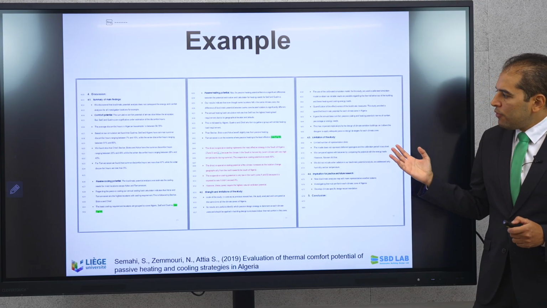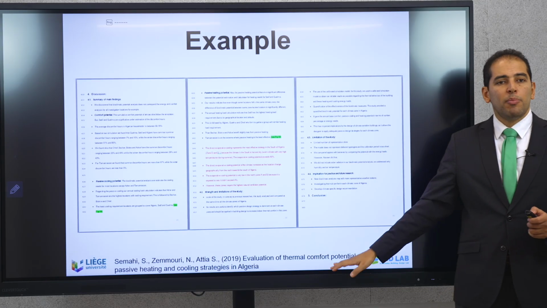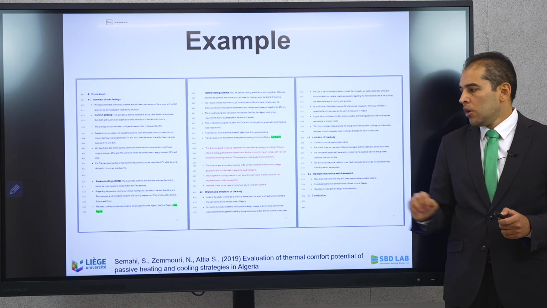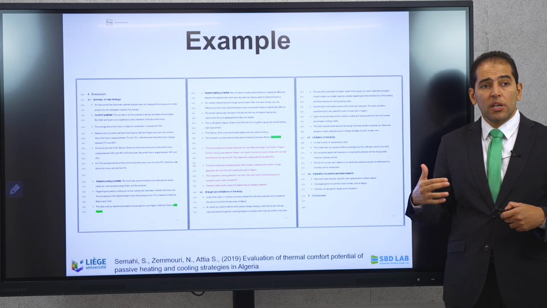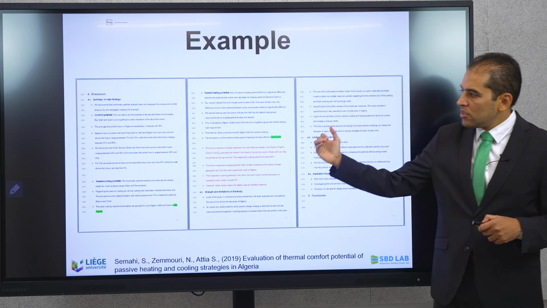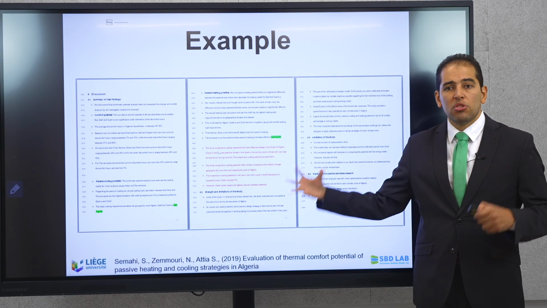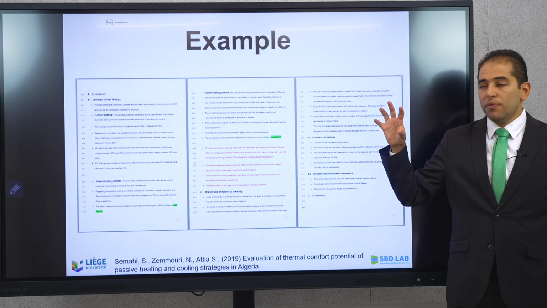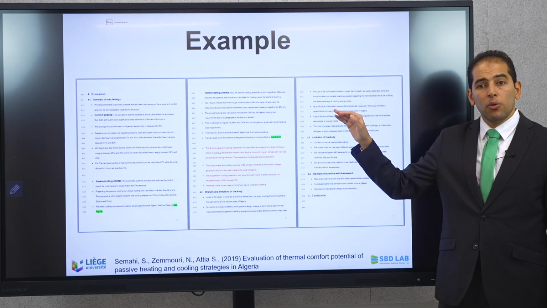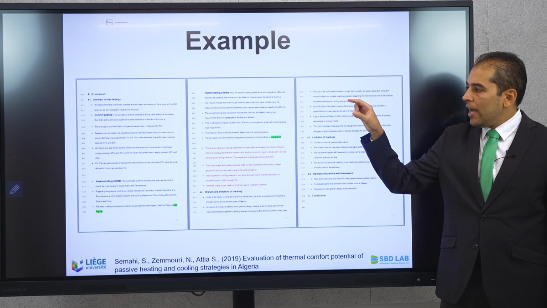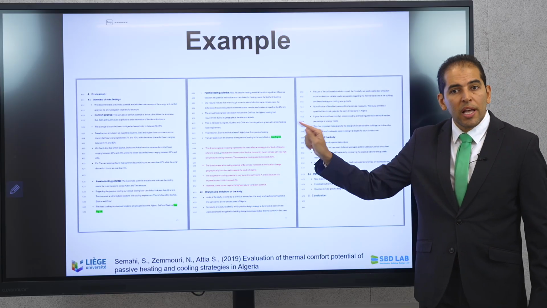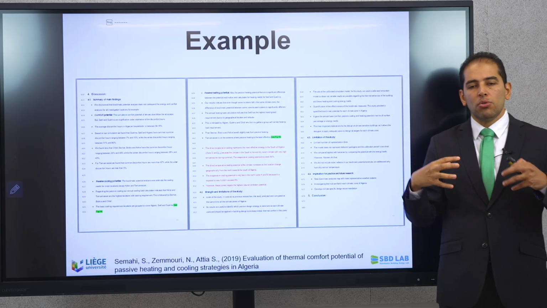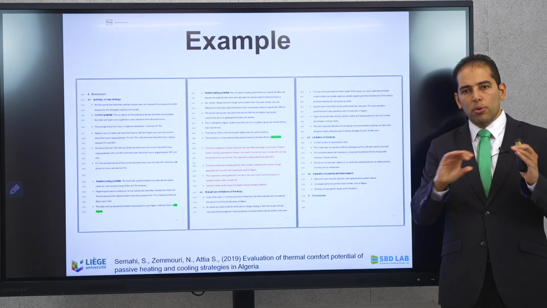So this is an example of one of the papers that we wrote. It's the same paper I showed you earlier. I invite you to read it and you will figure out how we wrote the discussion before filling up the paragraphs. We first started to have a logic following the sexy approach, and we started to put the points, and together with my co-authors we made sure that we always have these bullets of the logic.